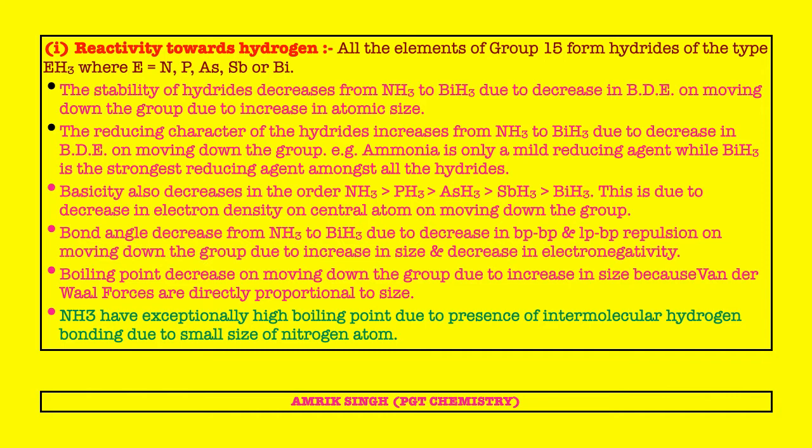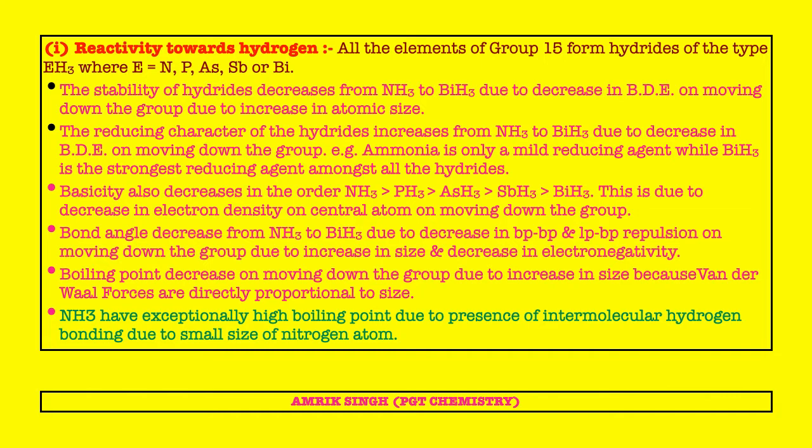Next is basic nature. Basicity also decreases in the order NH3 strong basicity, then PH3, AsH3, SbH3, BiH3. This is due to the decrease in electron density on the central atom on moving down the group.